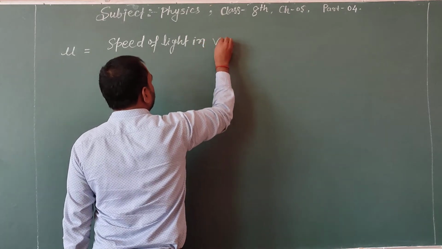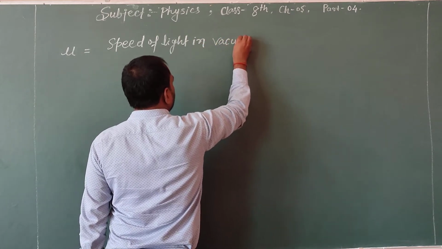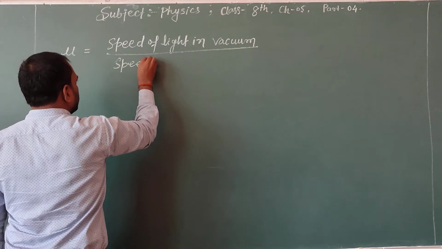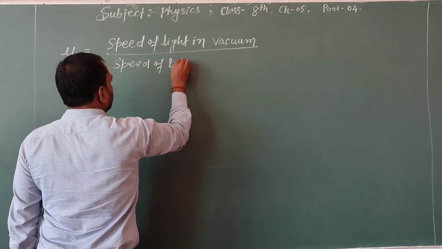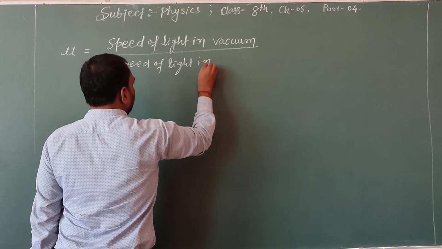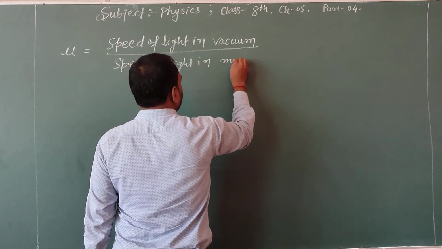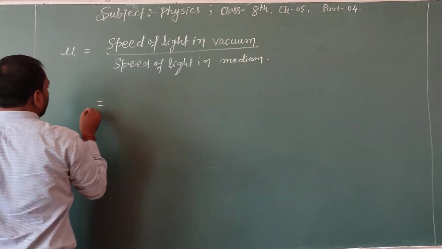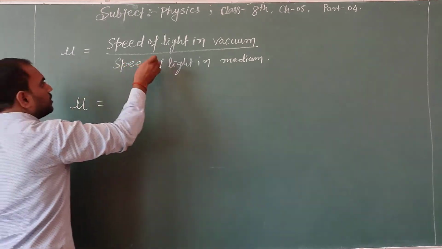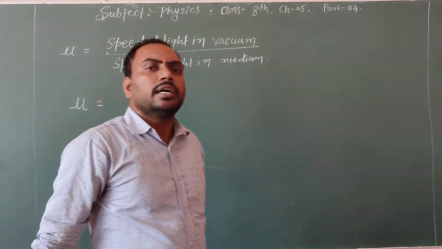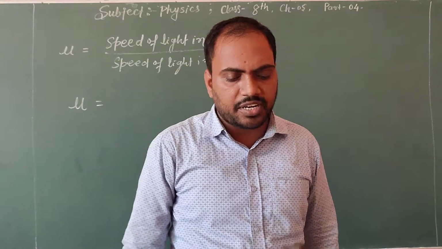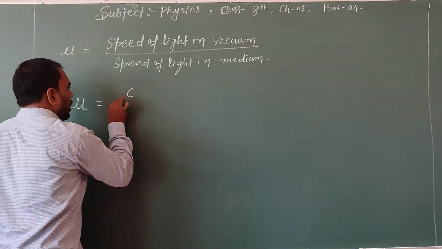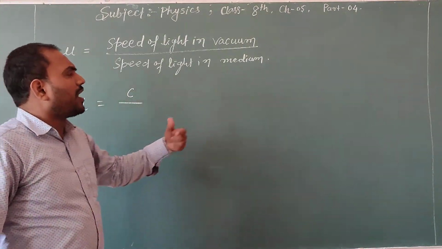Let's suppose that the speed of light in vacuum is represented by C, and C upon the speed of light in any medium.